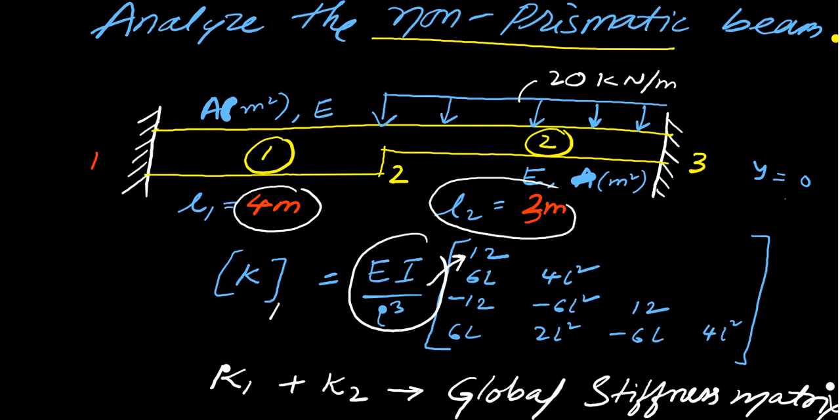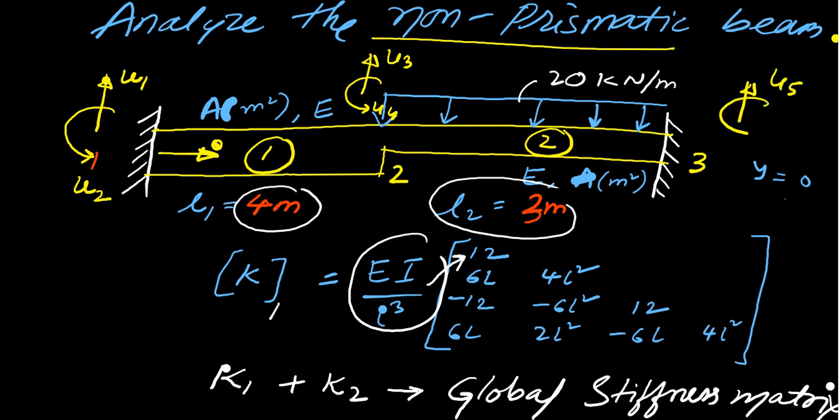So there will be only vertical deformation and also a slope. Vertical will be U1 and slope will be U2. At node 2, vertical will be U3 and slope will be U4. And at node 3, vertical will be U5 and slope will be U6.